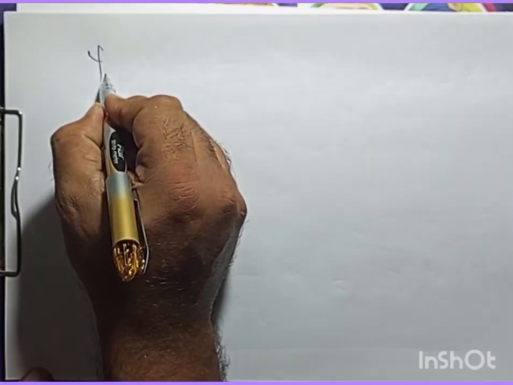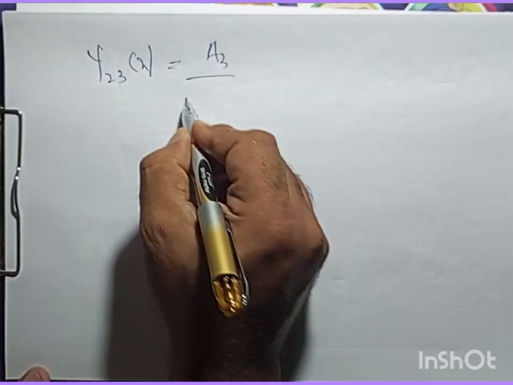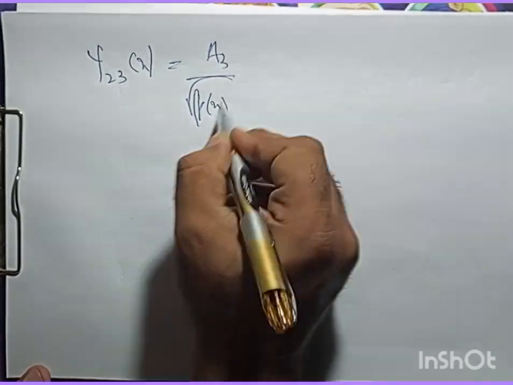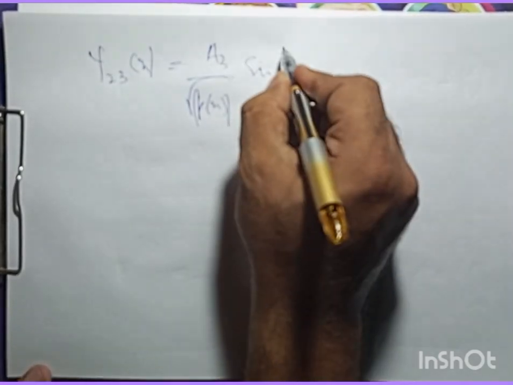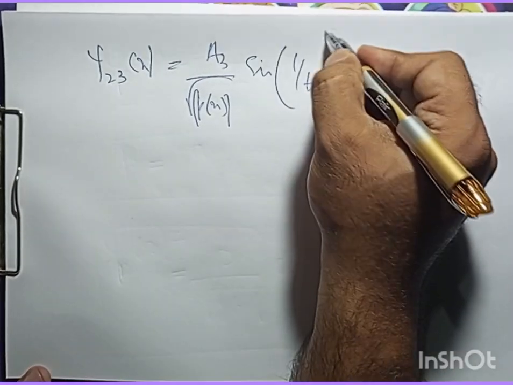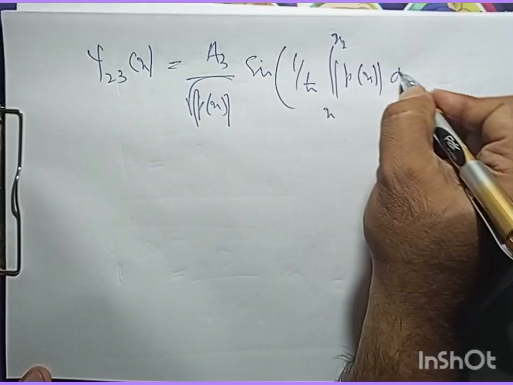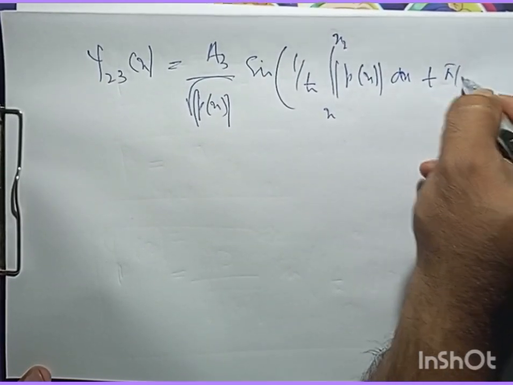we have psi 2 3 of x, and that is a3 by under root of p of x, and then sine of 1 by h bar, then integral x to x2, then p of x, then dx plus pi by 4.